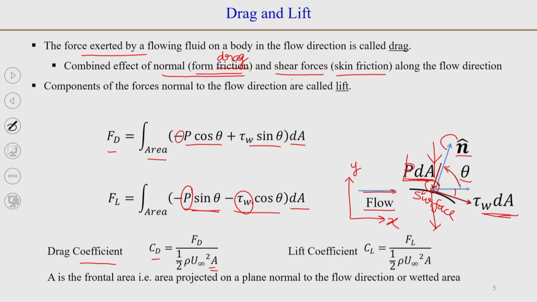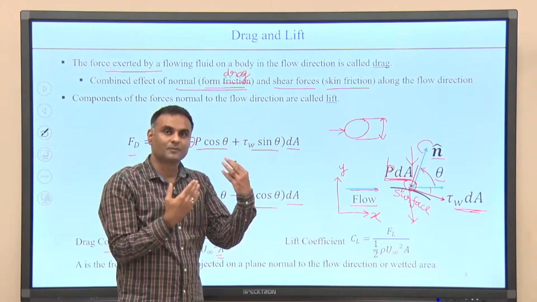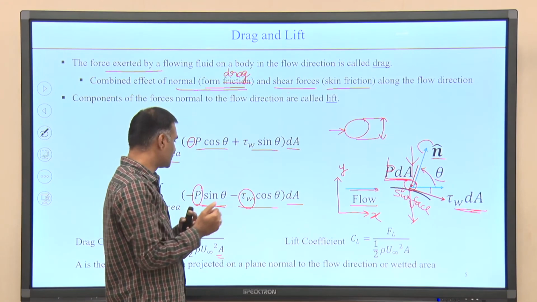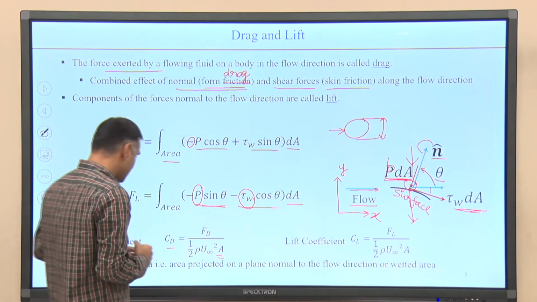So, for example, if you have flow around a sphere, then the area is the projected area normal to the flow. So, for a sphere, this will be pi r squared, where r is the radius of the sphere.